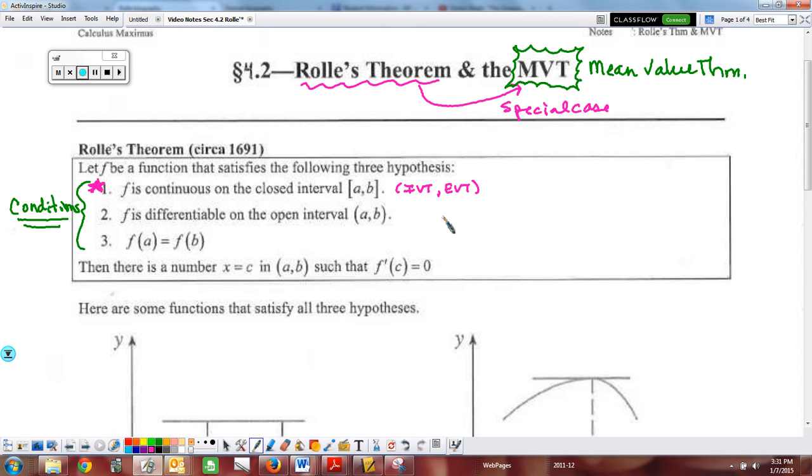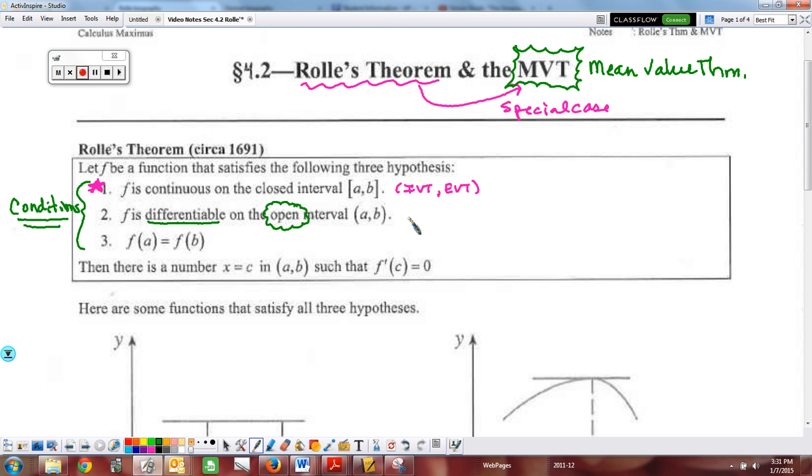Now, in addition to being continuous on the closed interval, Rolle's theorem has the additional caveat that we want it to also be differentiable. But notice that now that I'm talking about differentiability, I'm talking about differentiability over the open interval, because you cannot be differentiable at endpoints.